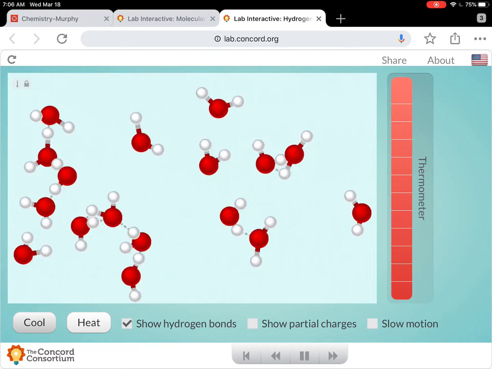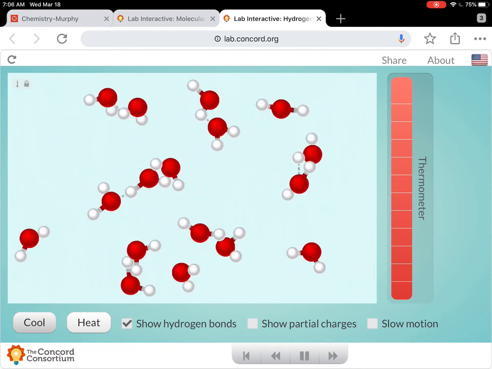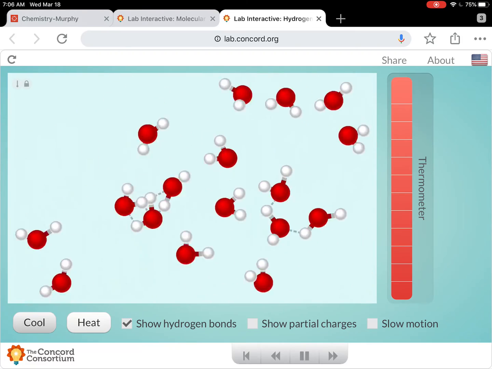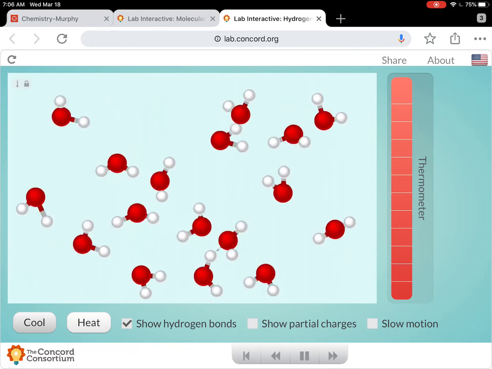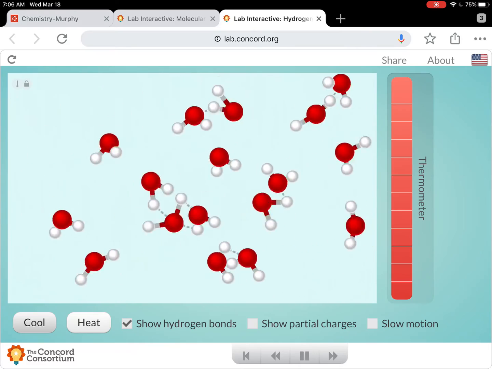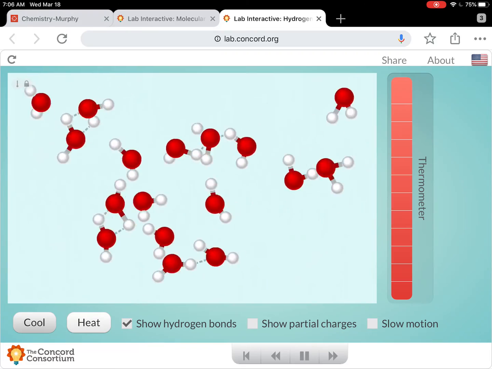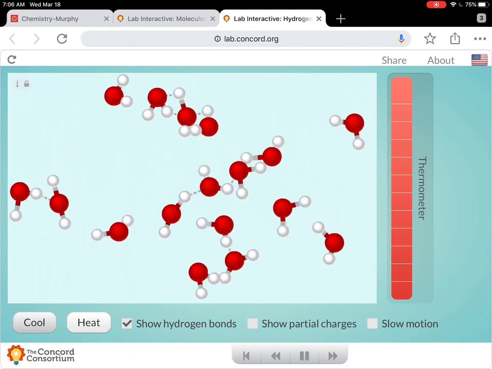Now, it's not perfect, but in order to take a real gas in the real world and have it apply to our formula, we've got to make some assumptions. They're in random motion. They're not interacting. We're going to keep them in the gas phase. When they bounce off of each other, they're not going to stick and lose energy.